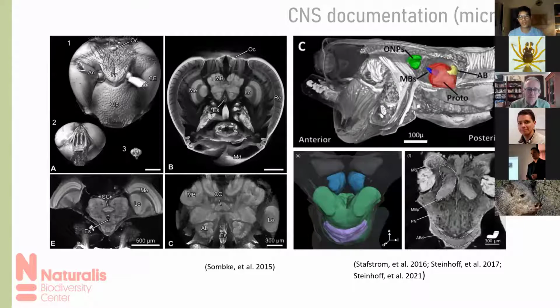But for doing all of these characterizations and visualizations without actually destroying the specimen, micro-CT was suggested in a study a few years back using insects, and was tested to visualize the neuroarchitecture of the insects. And then a lot of studies on spider neuroanatomy followed that same protocol.